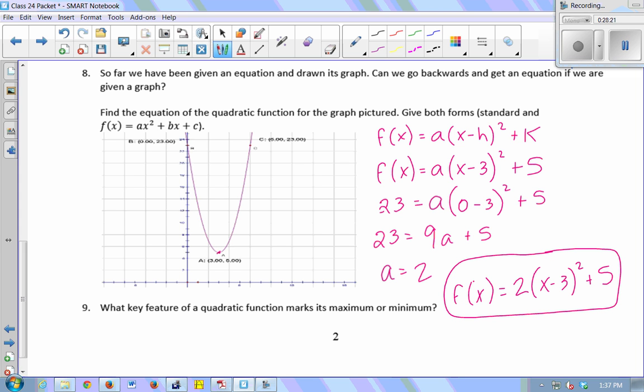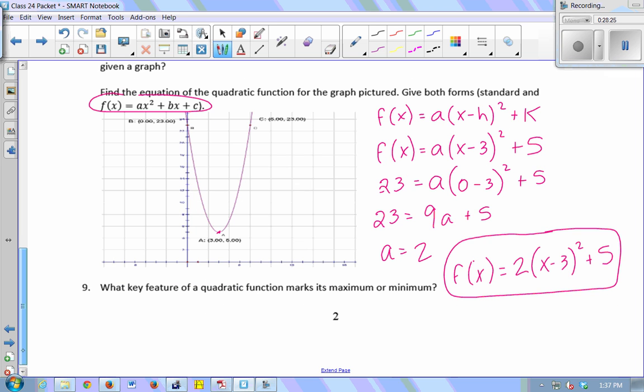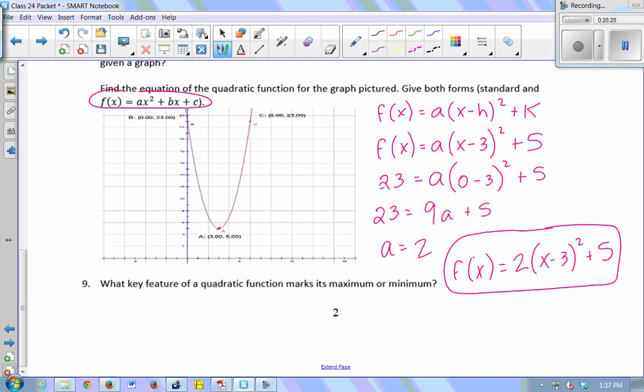There's my standard form, but they also asked for this form, ax squared plus bx plus c. How do I find it? Oh, so you thought about it in terms of a vertical stretch?